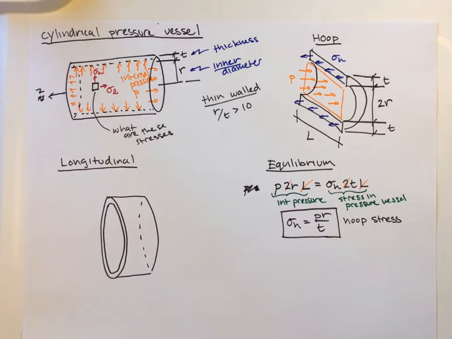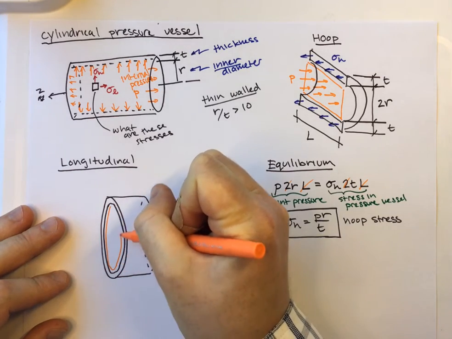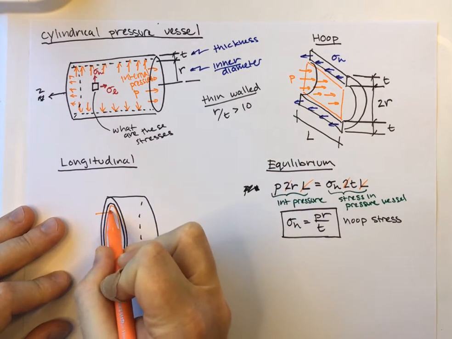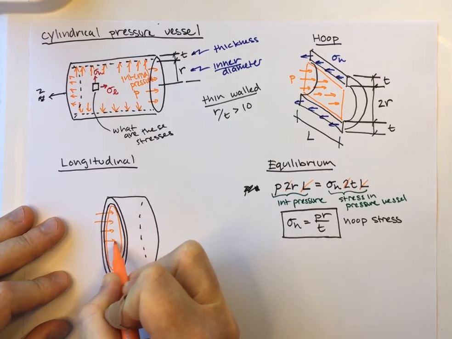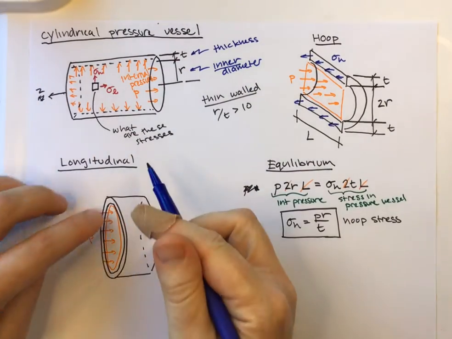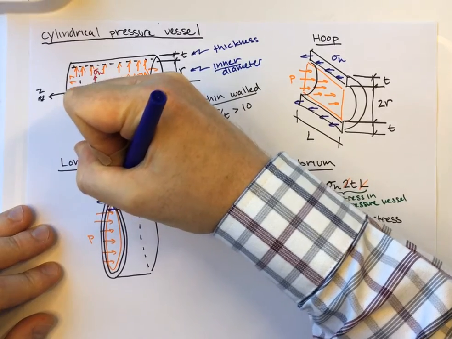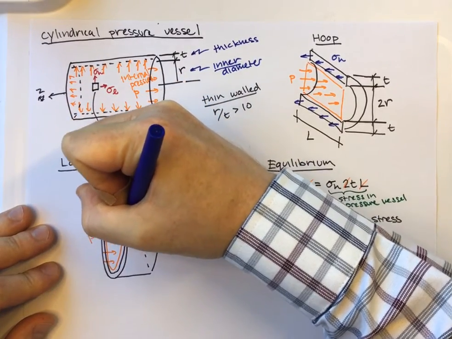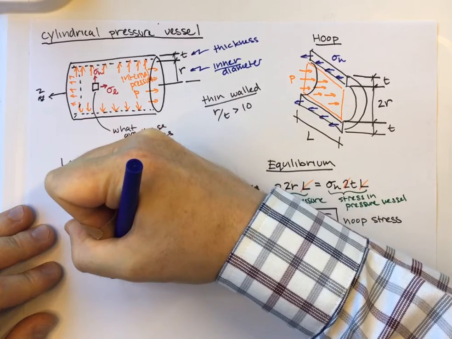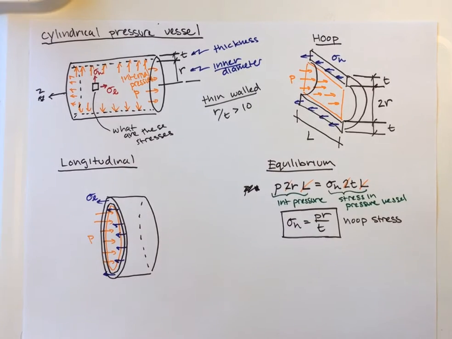We have this circle here in orange, and it has some pressure P acting on it. Inside our pressure vessel, we have some stress acting against that. We're going to call that sigma L for longitudinal. And we can do equilibrium again.